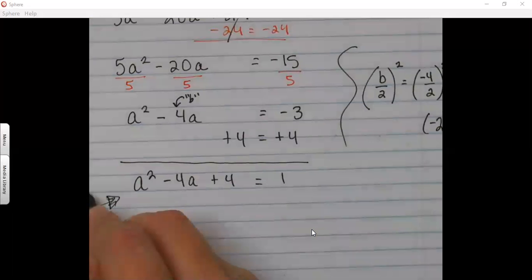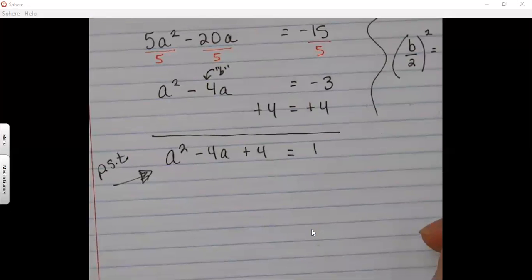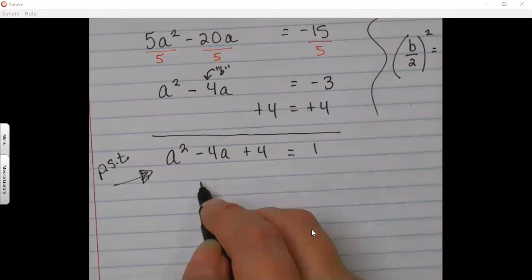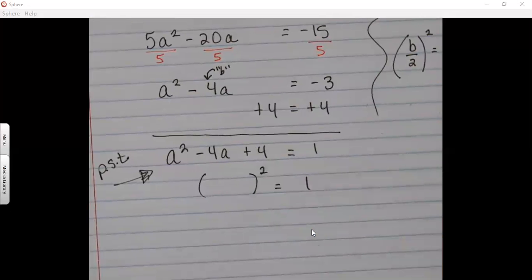When you have a perfect square trinomial, there's a shortcut to factoring it. You can't factor everything this way. It only works for perfect square trinomials. So the shortcut is make one set of parentheses. Don't forget to square it. What's your sign going to be?